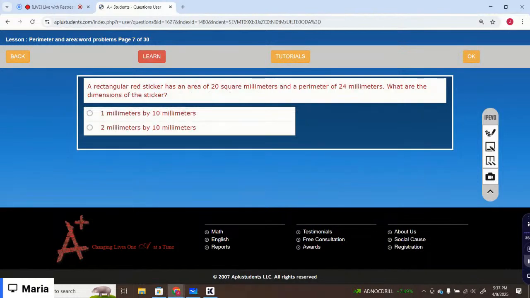A rectangular red sticker has an area of 20 square millimeters and a perimeter of 24. What are the dimensions of the sticker? So, which is the correct option?